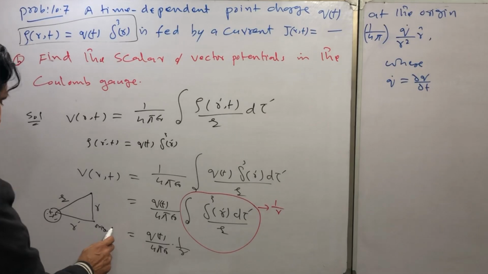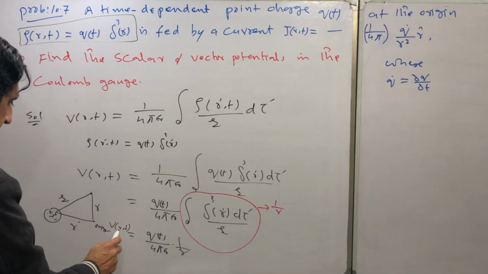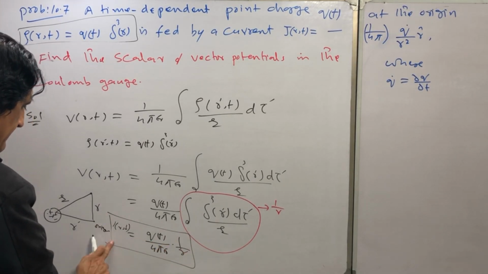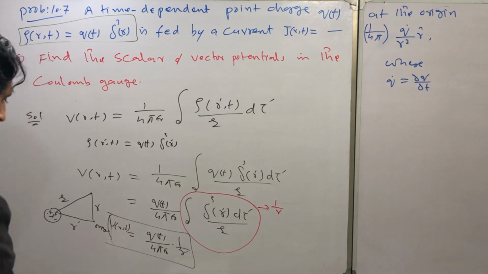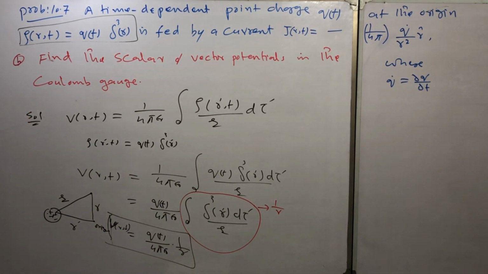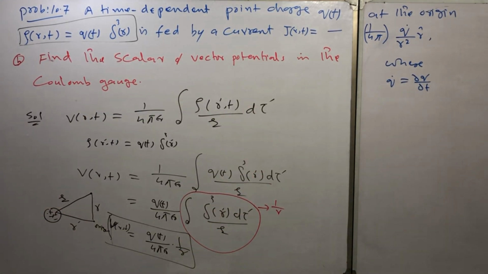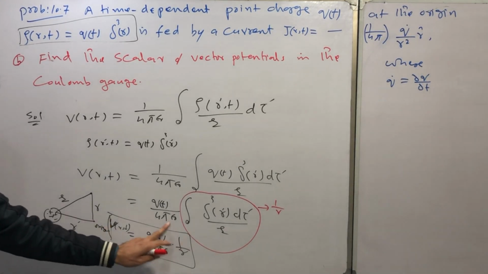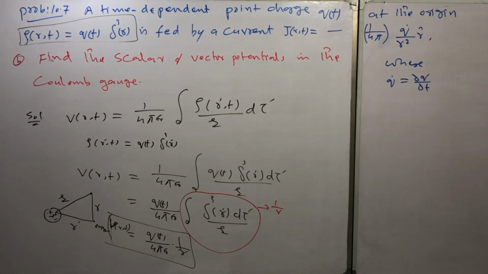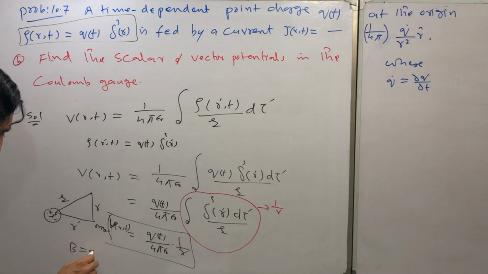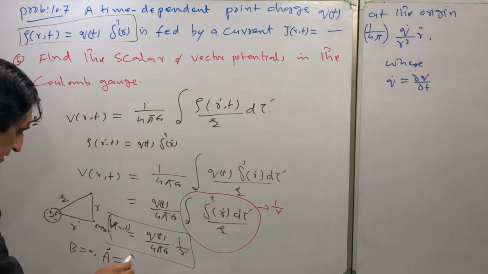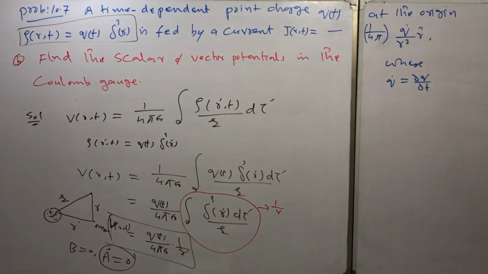So this is the scalar potential. Here in this problem, it is just like a point charge potential. Then the magnetic field is equal to 0. If the magnetic field is equal to 0, then the vector potential must be equal to 0. So this is the solution.